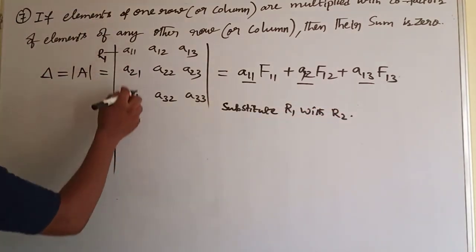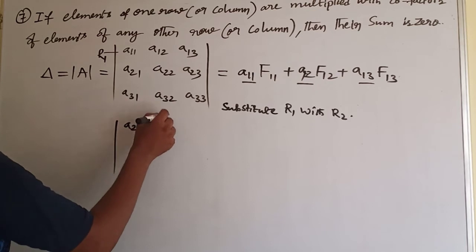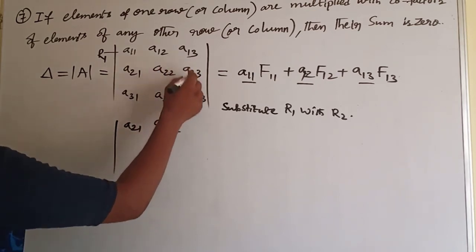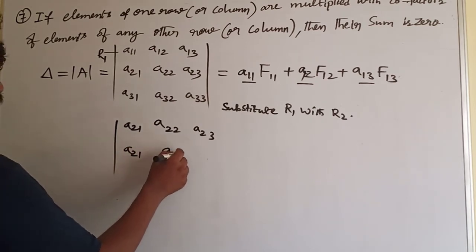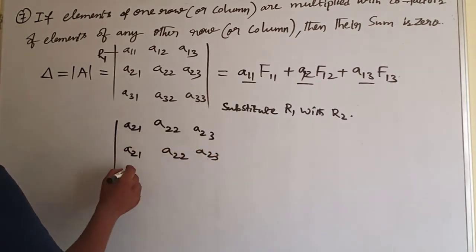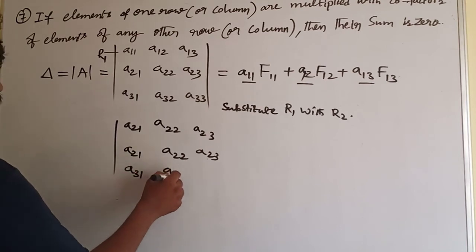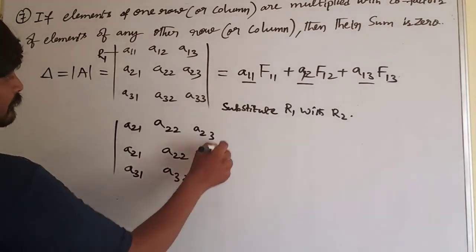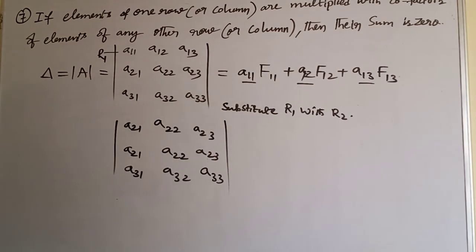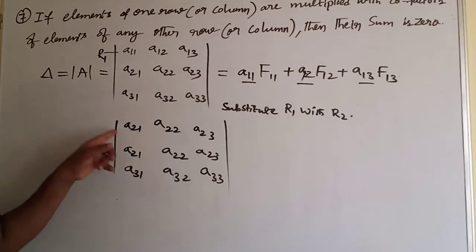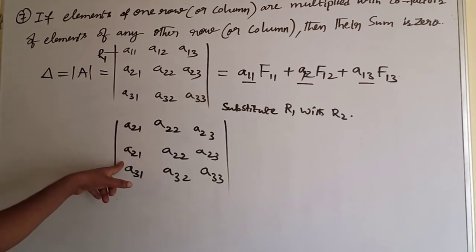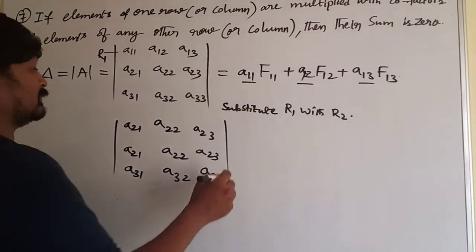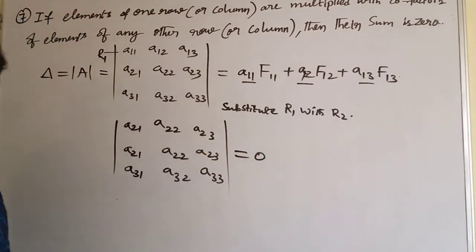That means A11 plus A21, A12 plus A22, A13 plus A23. That I am doing. Then the remaining will be the same: A21, A22, A23, another one A31, A32, A33. Now what is going to be your answer according to our property? If two rows or columns are the same, then the determinant should be equal to 0.